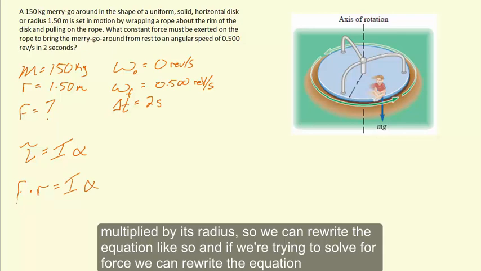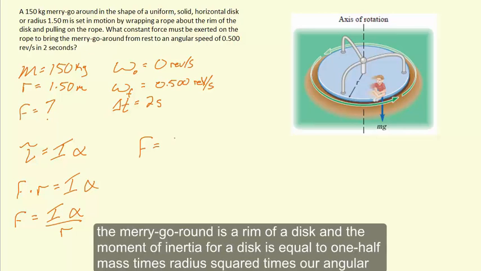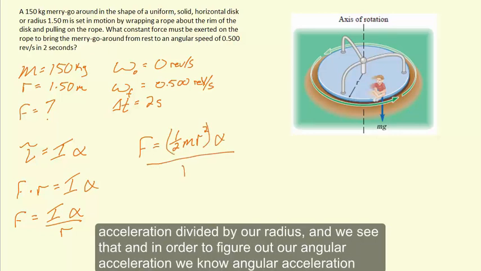And if we're trying to solve for force, we can rewrite the equation where our force is equal to our moment of inertia times our angular acceleration divided by our radius. And the merry-go-round is a disc, and the moment of inertia for a disc is equal to 1/2 mass times radius squared, times our angular acceleration divided by our radius.